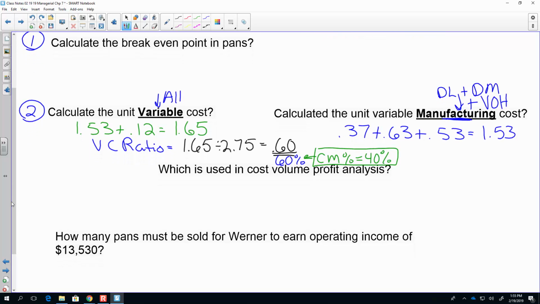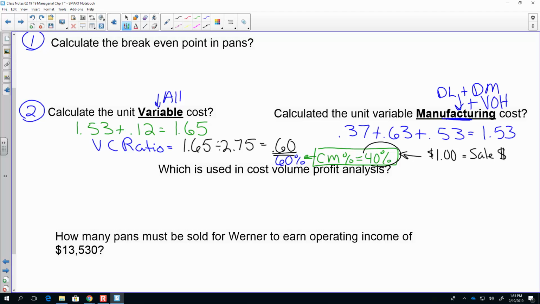So if I see this 40%, how much money do I make on every sale dollar? I've got $1 of sales. How much am I making on that dollar? 40 cents.